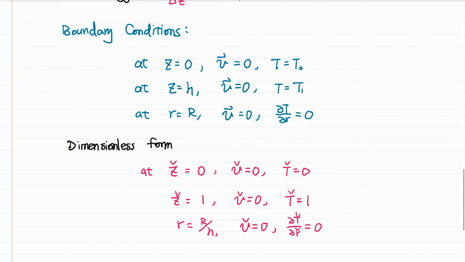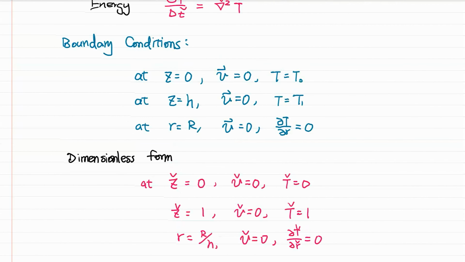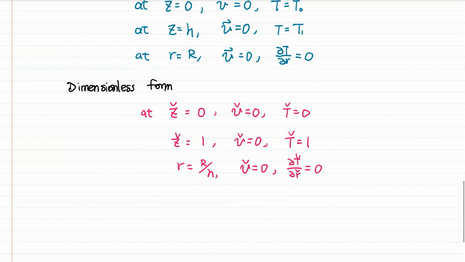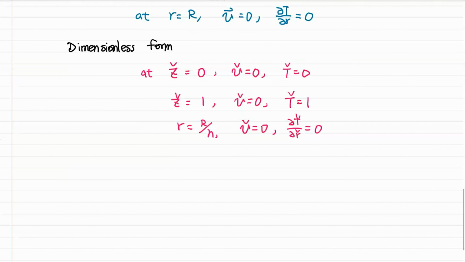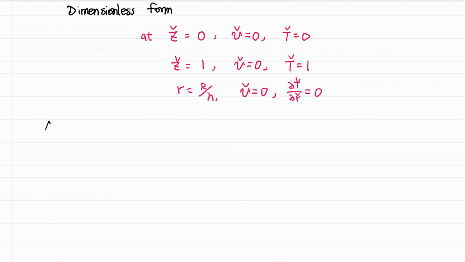Okay. Now, what if the plate or the radius is substantially larger than the thickness of the fluid layer? Then we can view it as an infinitely large plate, and the problem becomes just one-dimensional. So let's do that simplification. Let's assume the radius of the fluid layer is much greater than the thickness of the fluid layer.